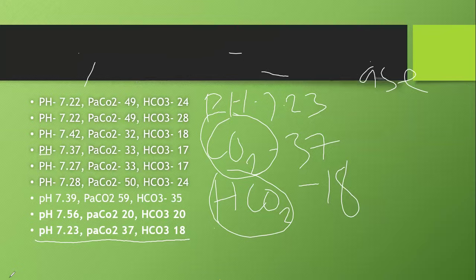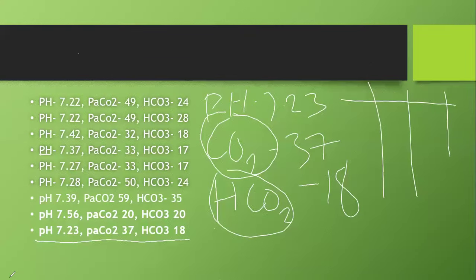Using the same method, you draw your lines. Draw your three here: 1, 2, 3. Acid here, normal here, and the base here. Now, the pH we are using is 7.23.